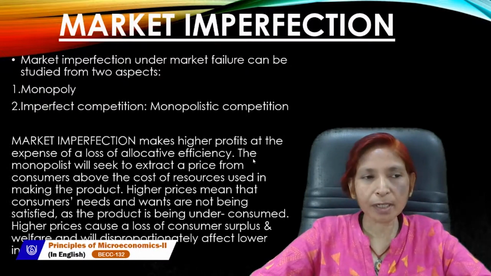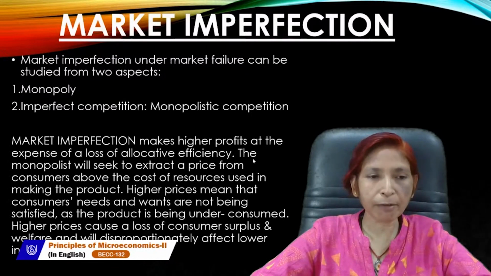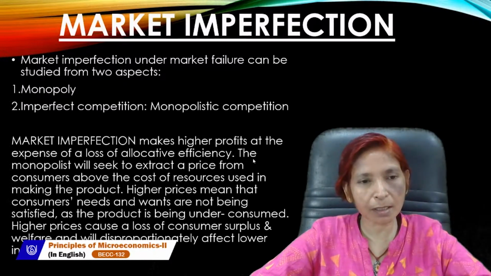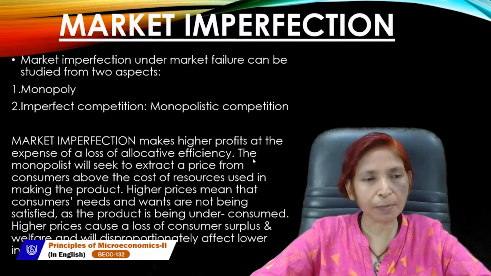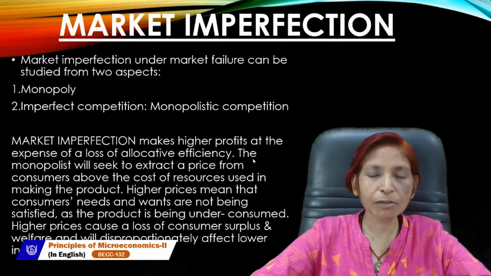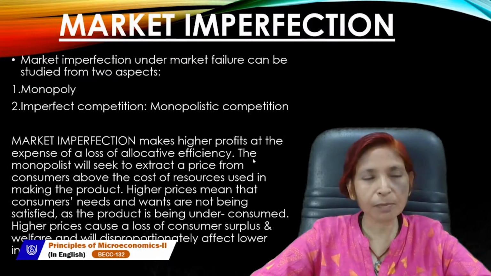As you have studied in earlier sessions, the monopoly market and the imperfect competition market, also known as the monopolistic competition market, these two types of market are the main cause of market failure. Why are these markets called failure markets?